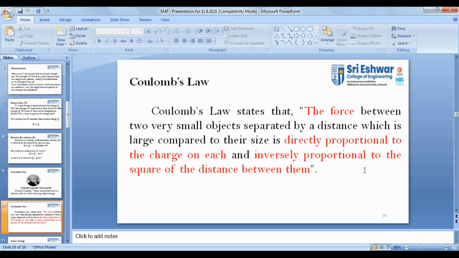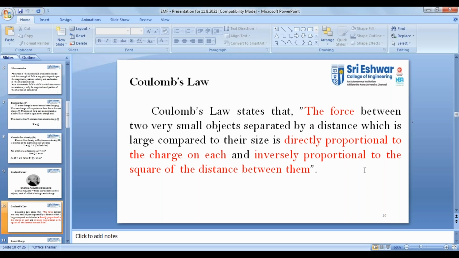Coulomb's law states that the force between two very small objects, but the condition is both should have static charges, separated by a distance which is large when compared to their size, is directly proportional to the charge on each object and inversely proportional to the square of the distance between them. This is what he states.